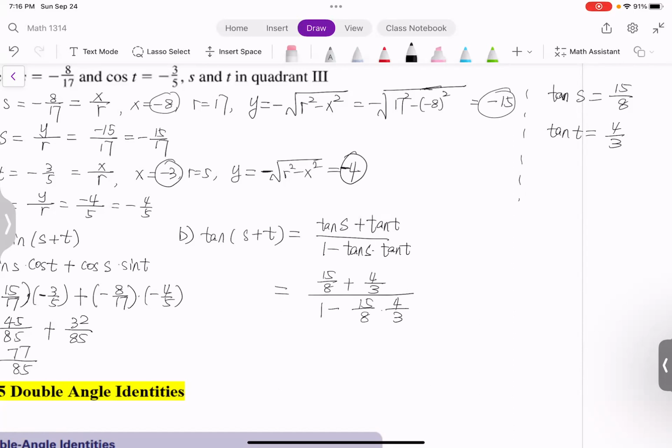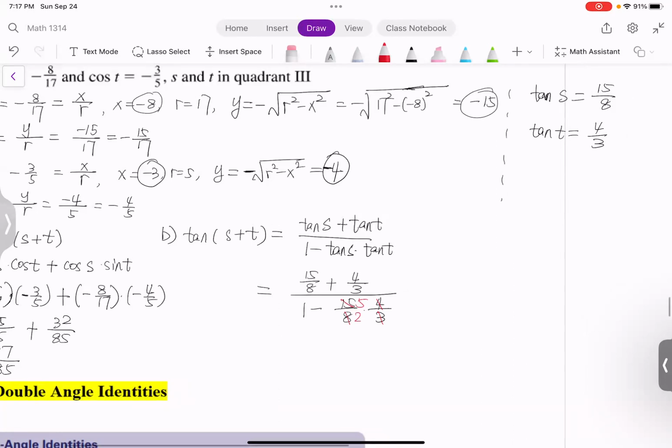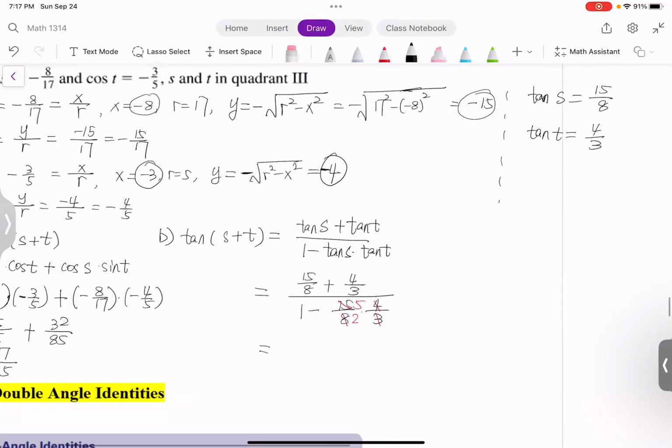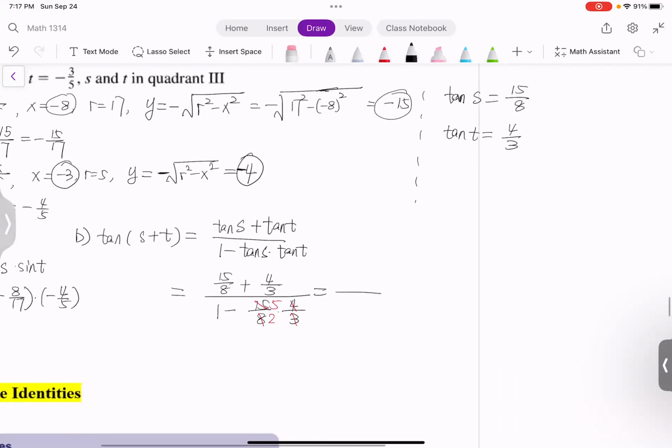I'd like to do some simplification here. So 8 divided by 4 is 2. And 3, 15, I got 5. So let's combine the tops. Maybe do the computation here horizontally.